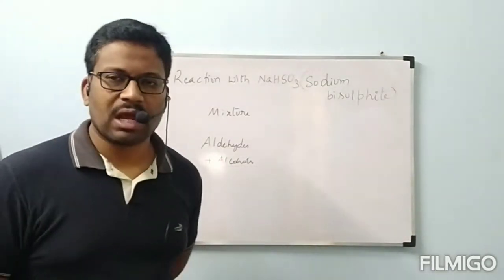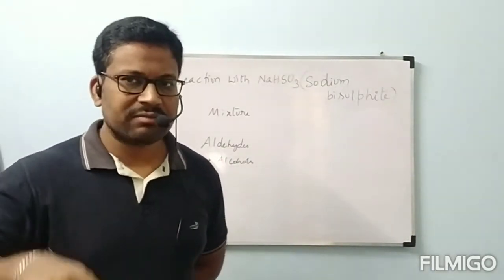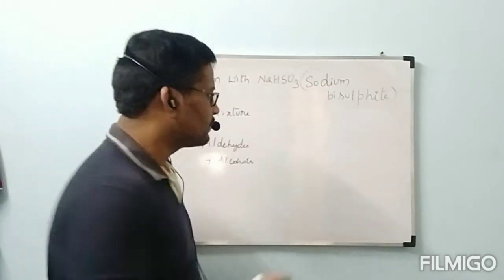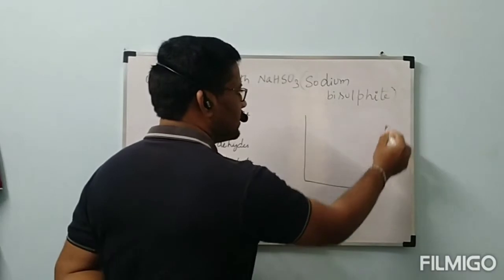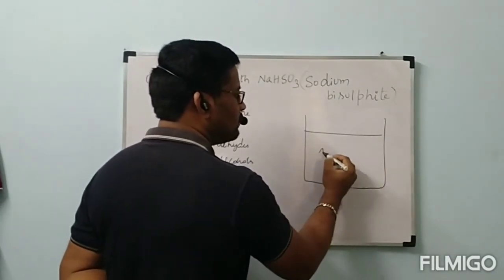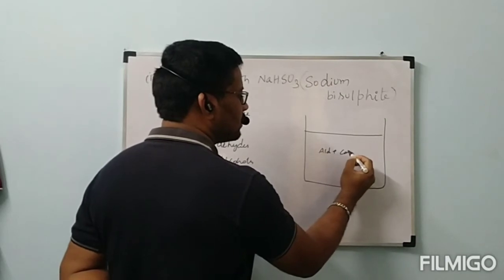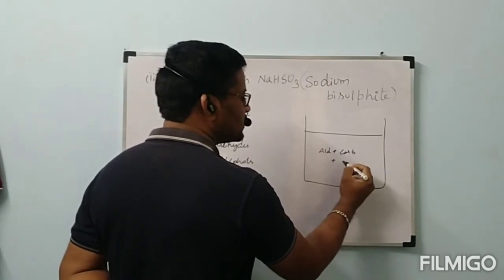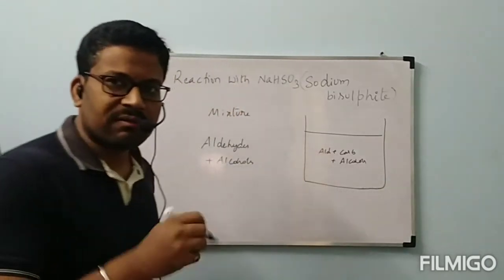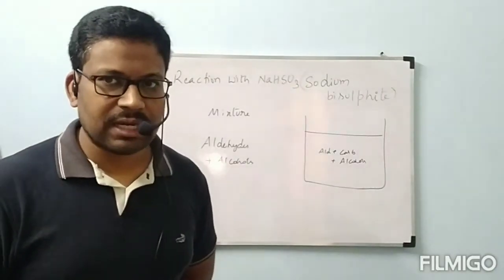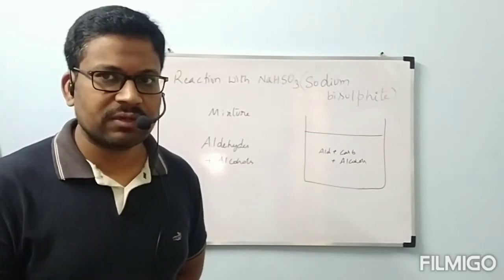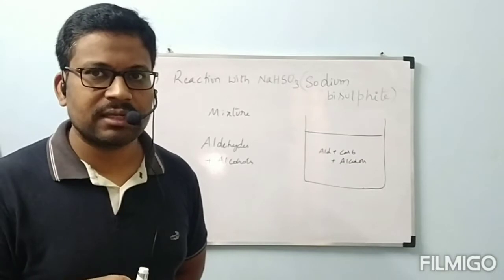Alcohols, carboxylic acids, all are mixed to form a mixture. Here we have aldehydes, carboxylic acids plus alcohols, all present. From this mixture, we want to separate the aldehydes. The reaction of the aldehyde with NaHSO3 will be useful to separate it.